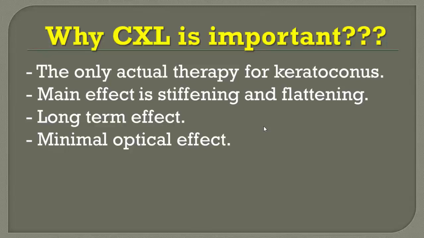In the presence of ultraviolet rays, with collagen fibers soaked with riboflavin, cross-linking bundles are initiated between the corneal collagen fibers and more stiffening of the cornea. So its effect is a long-term effect with minimal optical effect.